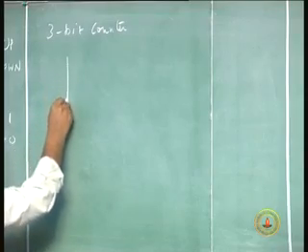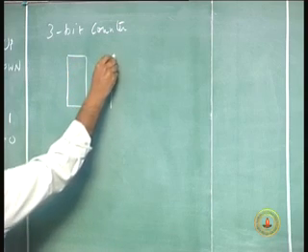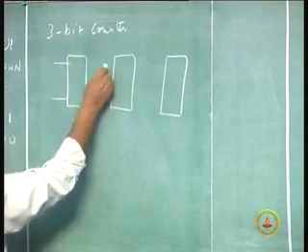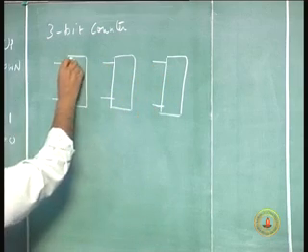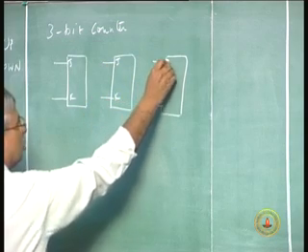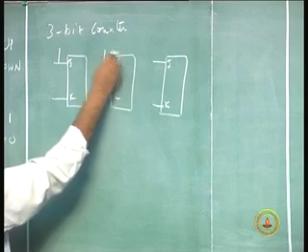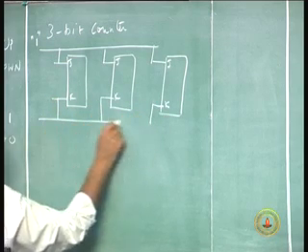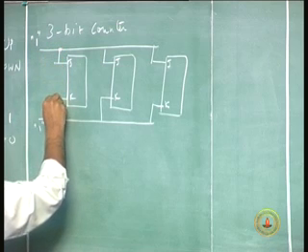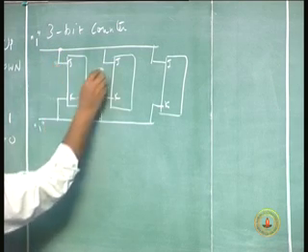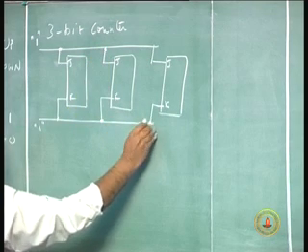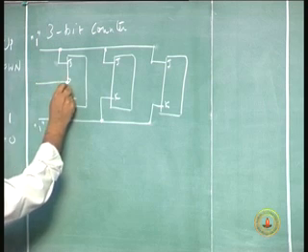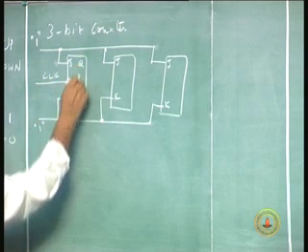So, a 3-bit counter will be 3 flip flops, all of them are JK, with clocks, this Q and this Q bar.